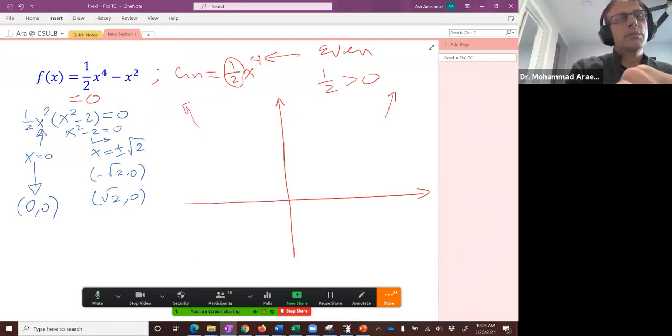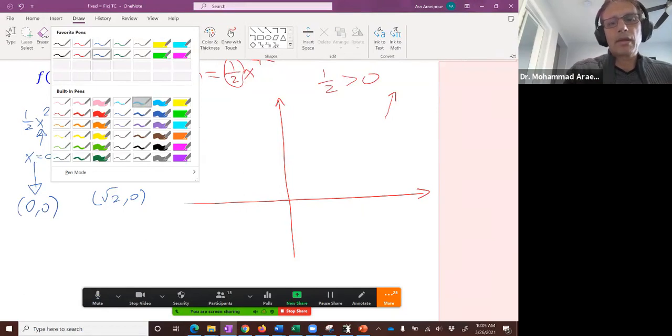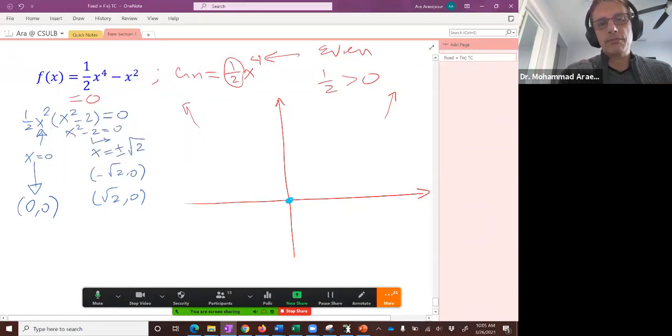So let's plot those. I have 0, 0. Now, square root of 2 is roughly 1.41. This is not going to be to scale.